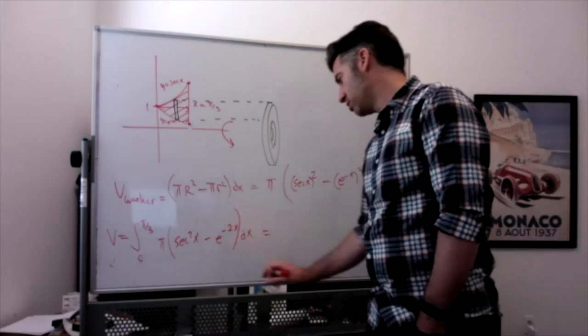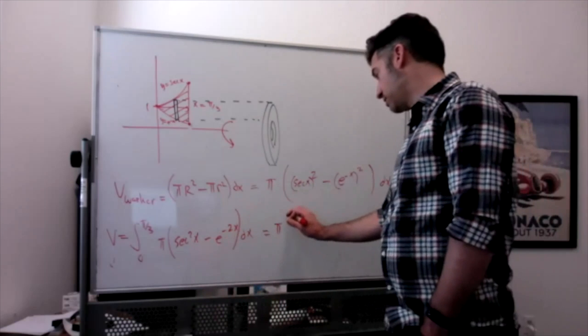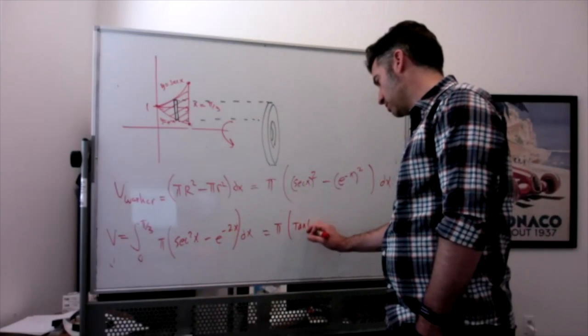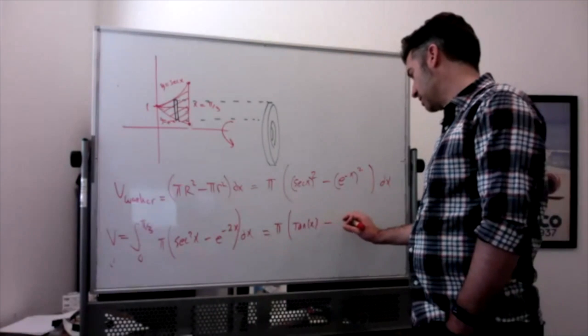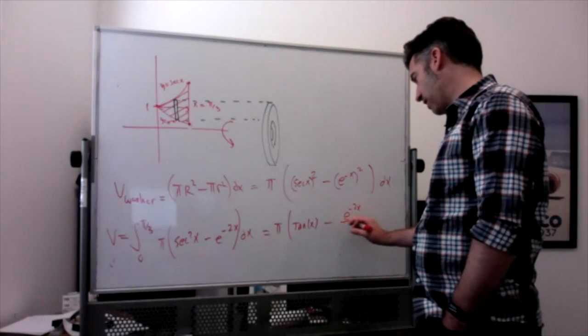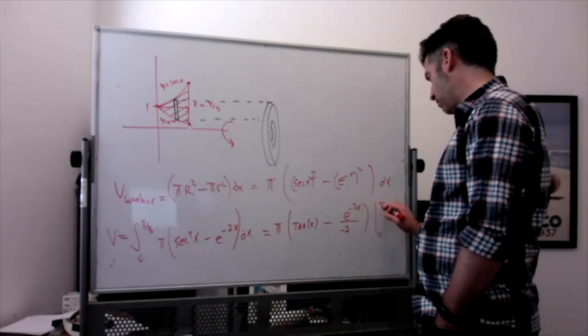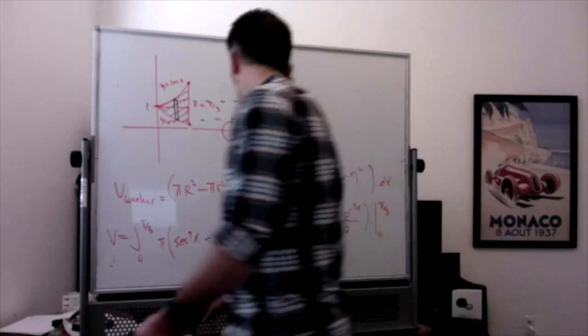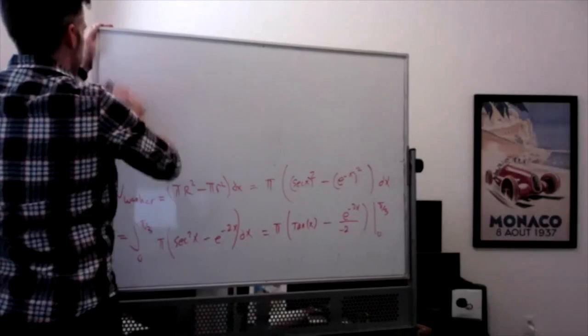So the pi factors out. The antiderivative of secant squared is tangent. The antiderivative of e to the negative 2x is e to the negative 2x divided by negative 2, from 0 to pi over 3.